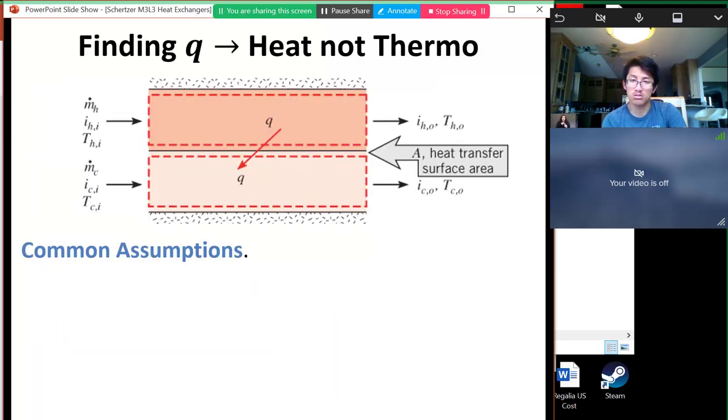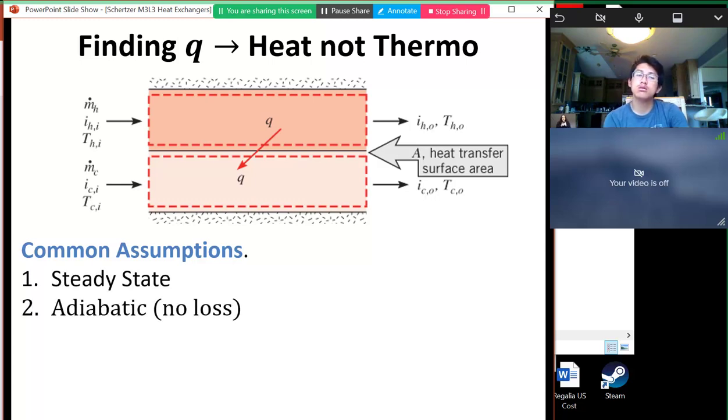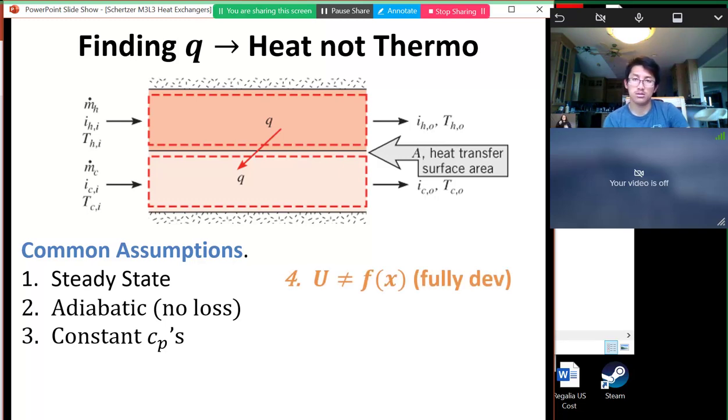So now, how would we find the heat? If we assume that we're at steady state, adiabatic, that the fluid properties like specific heat are constant, that the heat transfer coefficient is not a function of x, right? So that would mean that we're assuming that the flow on both sides of our heat exchanger is fully developed for most of the time. So neither of those heat transfer coefficients would be changing with position.